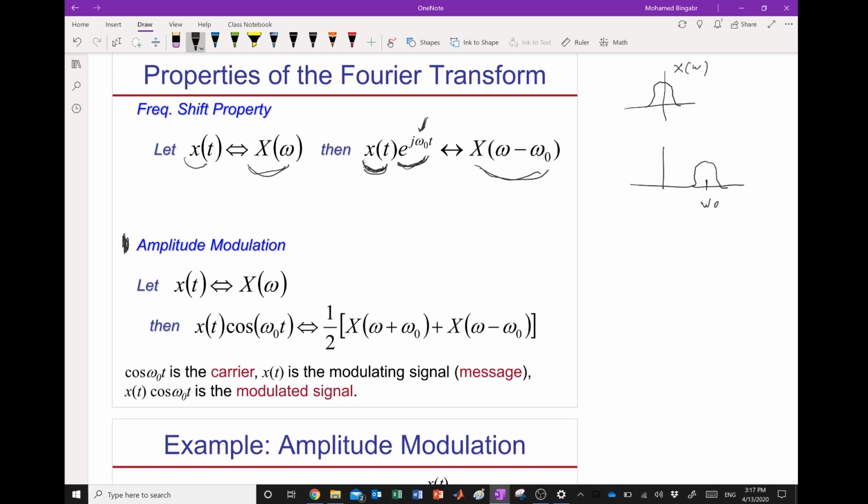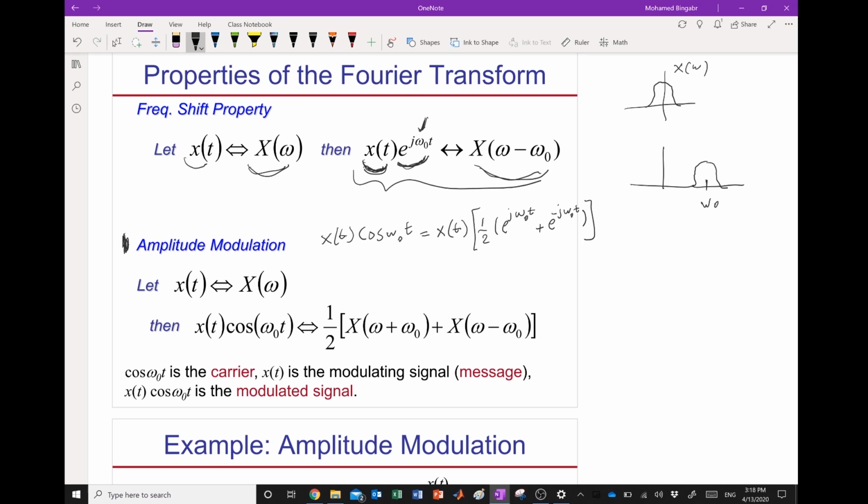Now with this property, we can find what happens if I multiply any signal x of t by a cosine omega 0 t. Well, this is the same as x of t multiplied by half, e to the j omega 0 t plus e to the minus j omega 0 t.